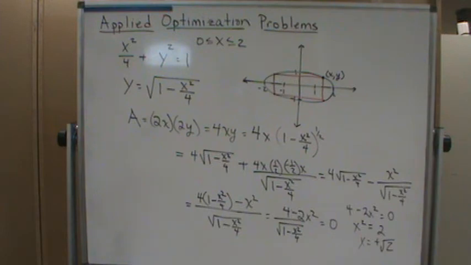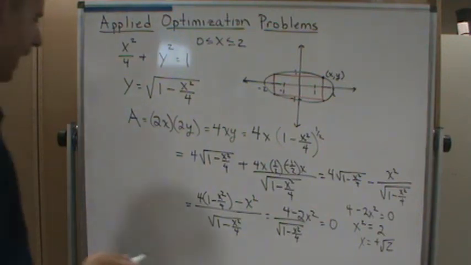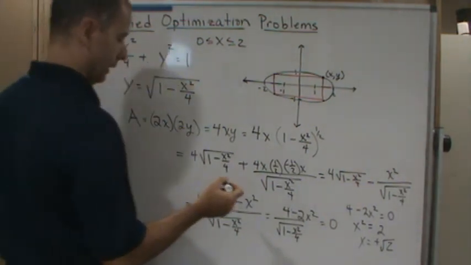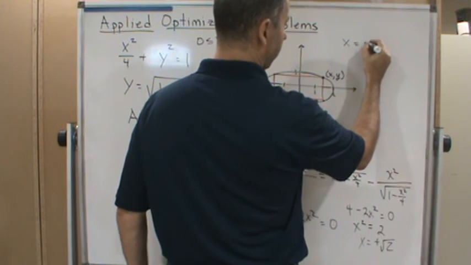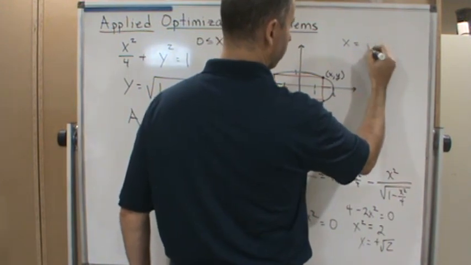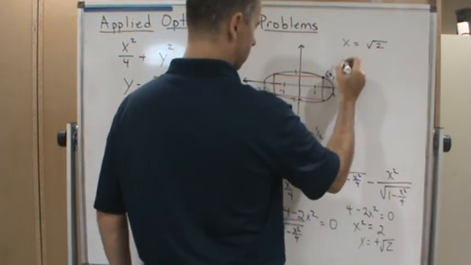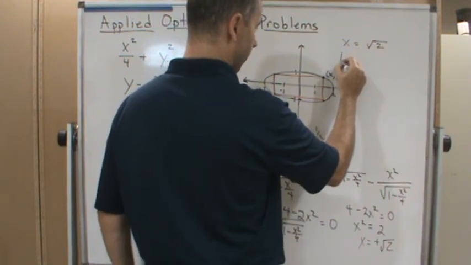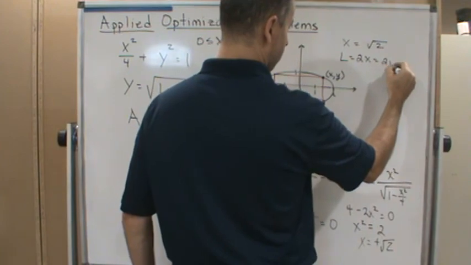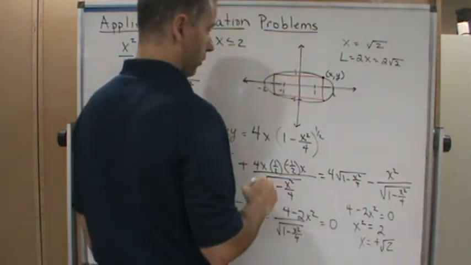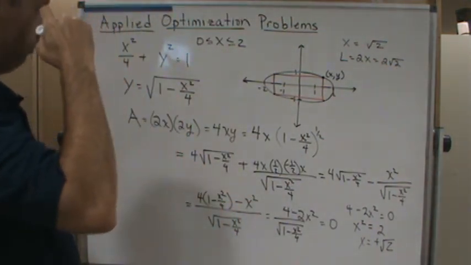And so to determine the dimensions of the rectangle, we need to determine the length and the width. So if x equals the square root of 2, then the length is equal to 2x, which equals 2 times the square root of 2, right?